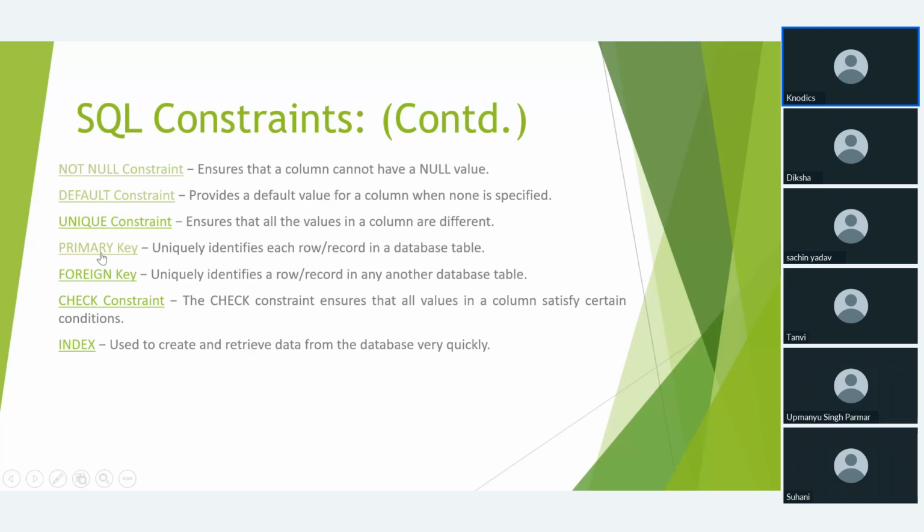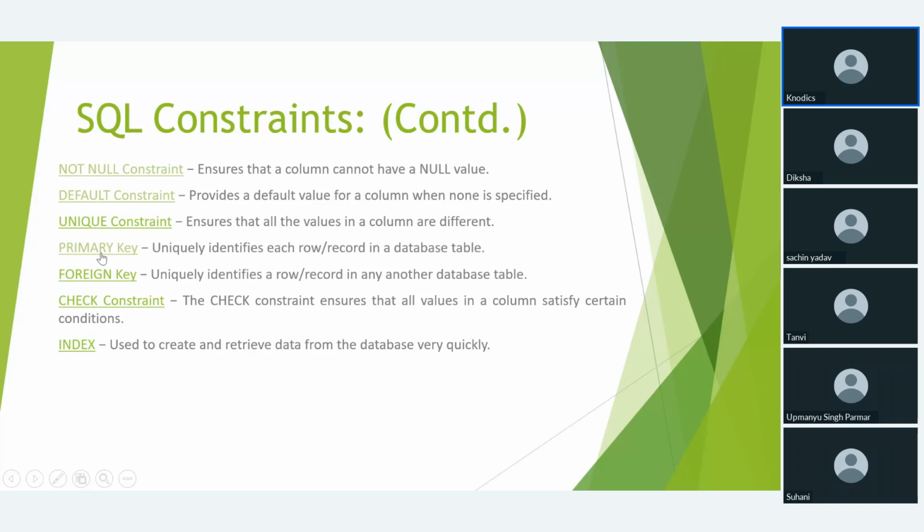Apart from that, if there is a roll number of students in the university, it must be in a certain format. That format is already defined by the university. No student can have any format other than that defined format, right? So that is the check constraint.